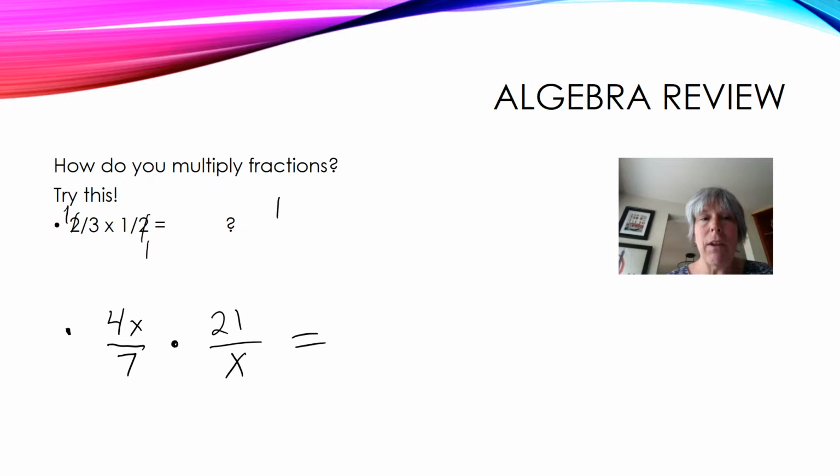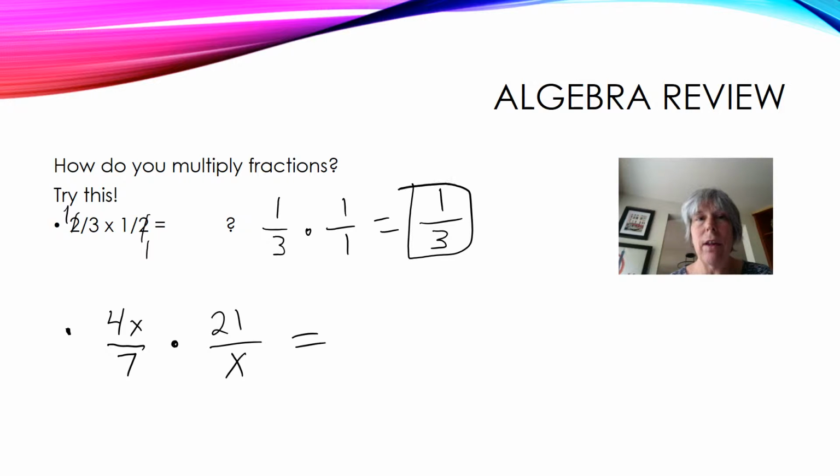You end up having 1/3 times 1/1, multiply the ones on top and the 3 times 1 on the bottom, and you get 1/3. Again, what we did was cancel the 2 here with the 2 there. 1 times 1 is 1 on the top, 3 times 1 on the bottom is 3.